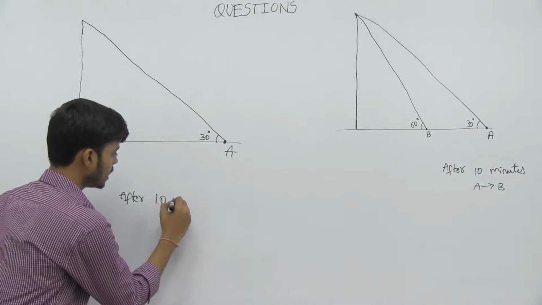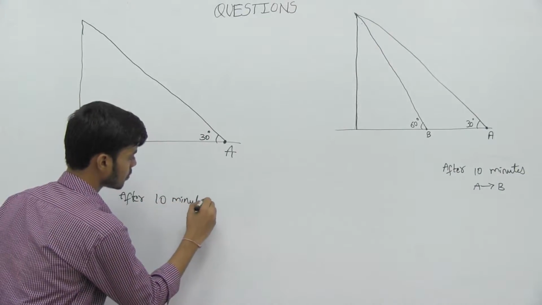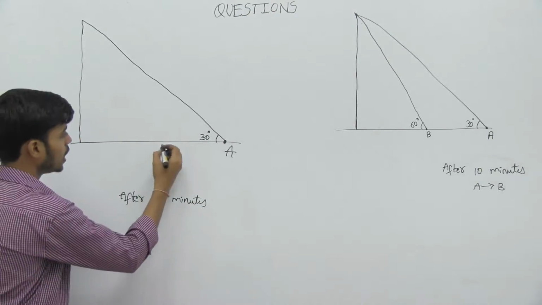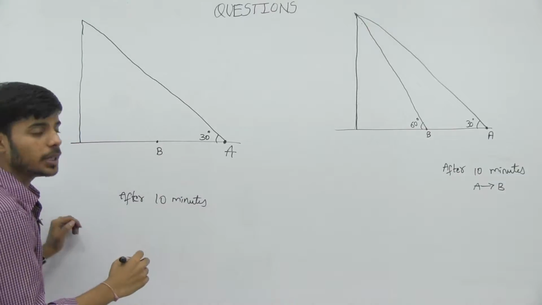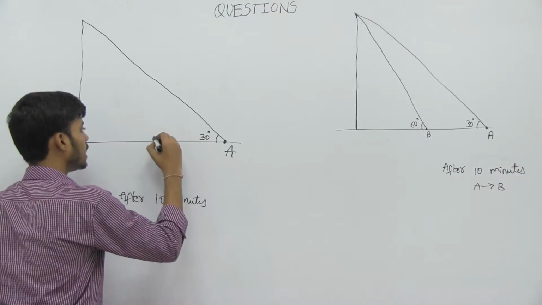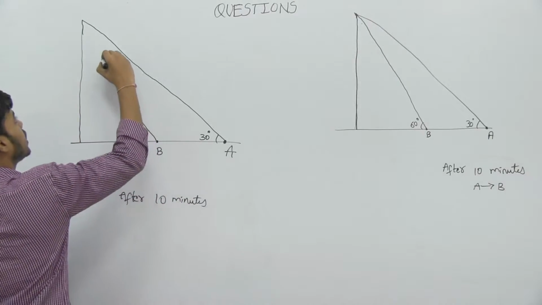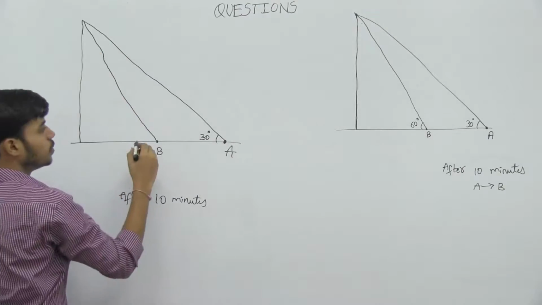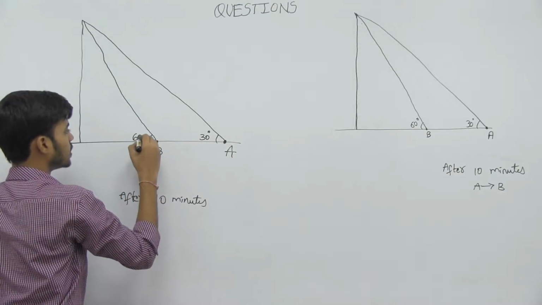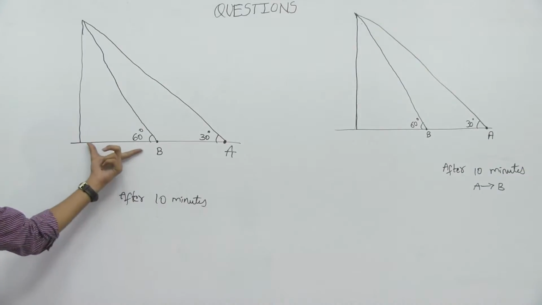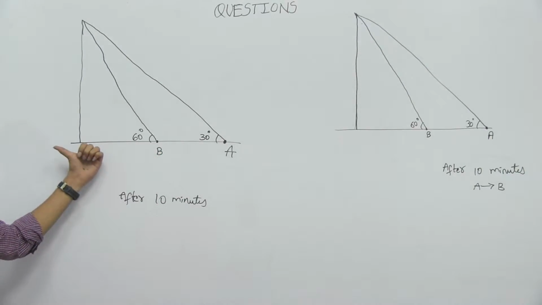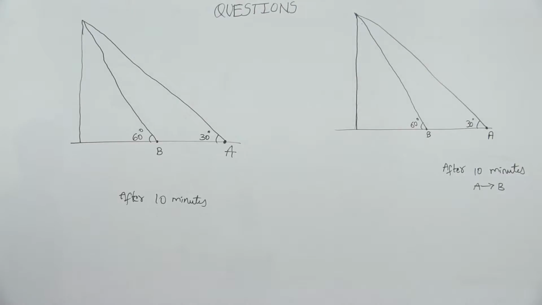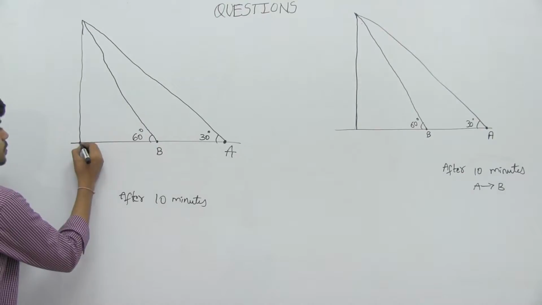After 10 minutes he reaches point B, and when he reaches point B, he again checks the angle of elevation, which changes to 60 degrees. Now after this he again starts moving towards the pillar. Now we have to find the time he takes to reach the pillar.